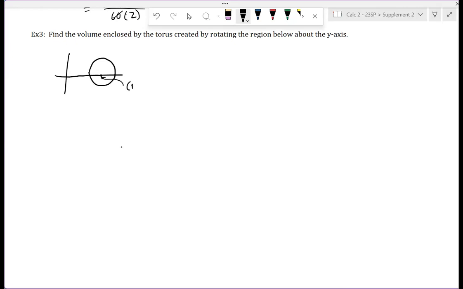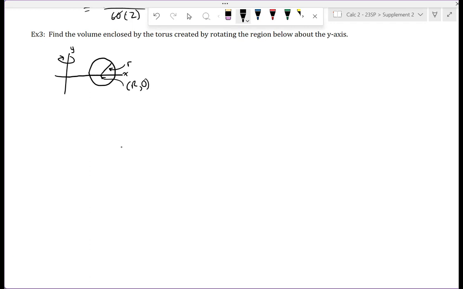The circle is centered at the point capital R, comma 0, and the circle has radius little r. We're rotating this circular region about the y-axis. So this is our x and y axes.